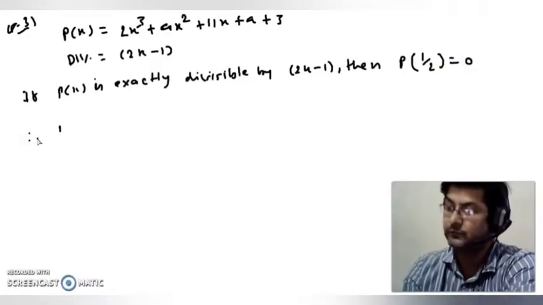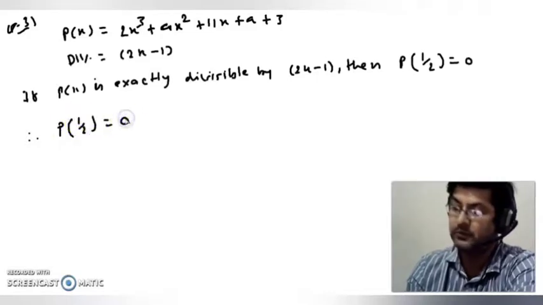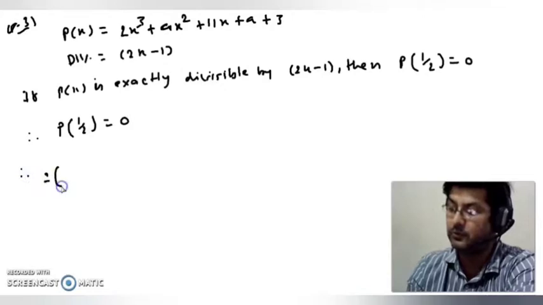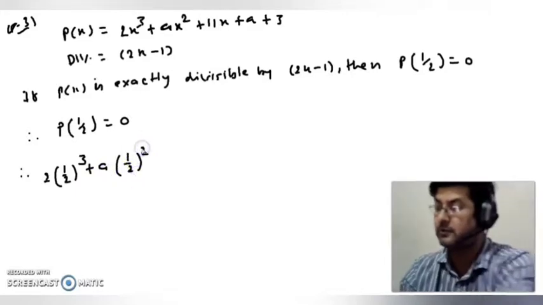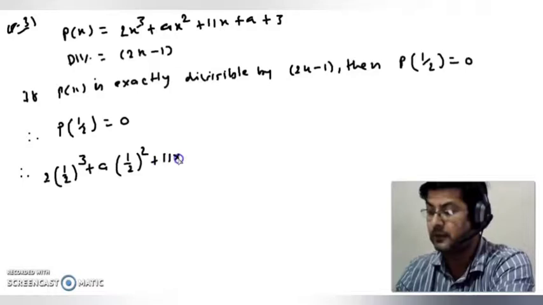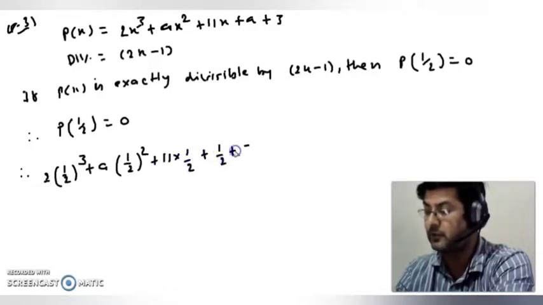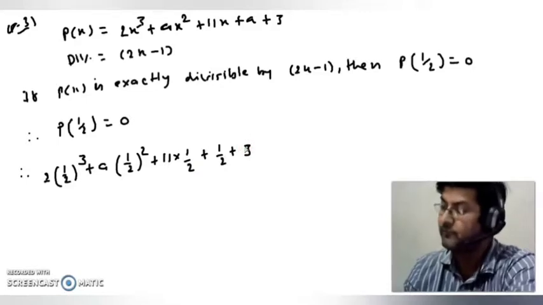Therefore, P of 1 by 2 is equal to 0, and therefore 2 into (1 by 2) the whole cube plus a into (1 by 2) the whole square plus 11 into 1 by 2 plus a plus 3.